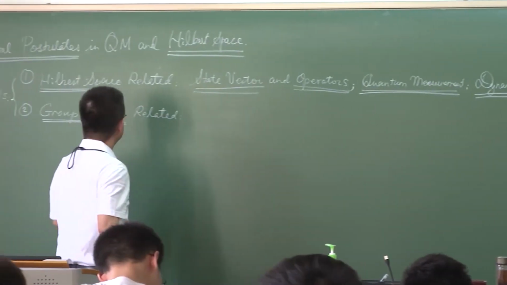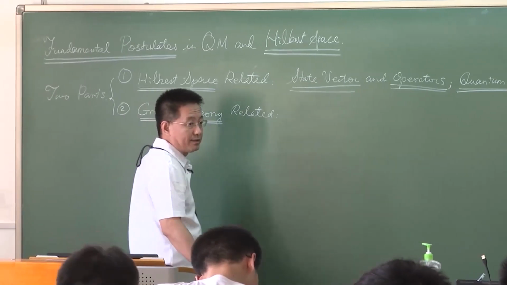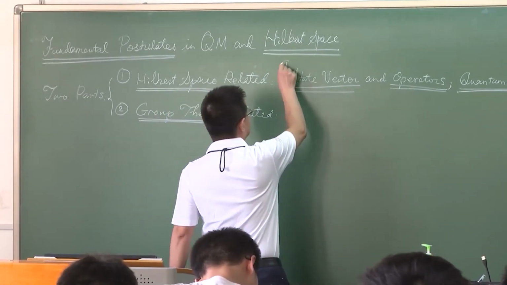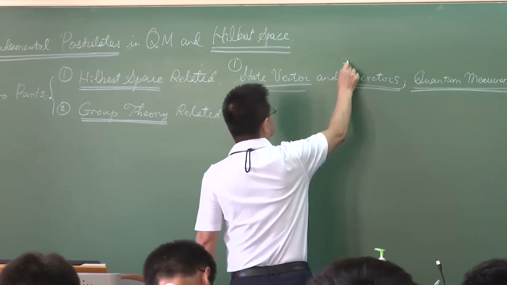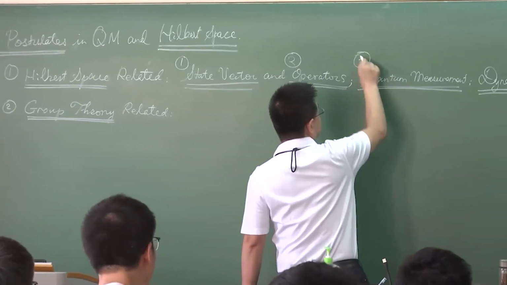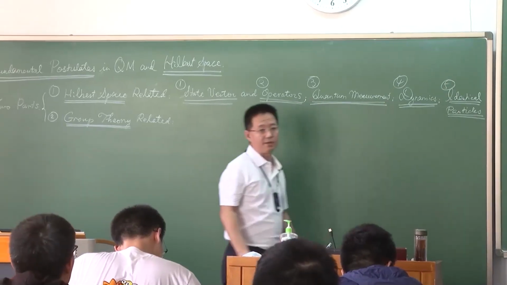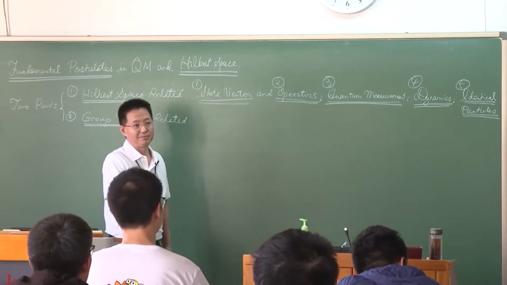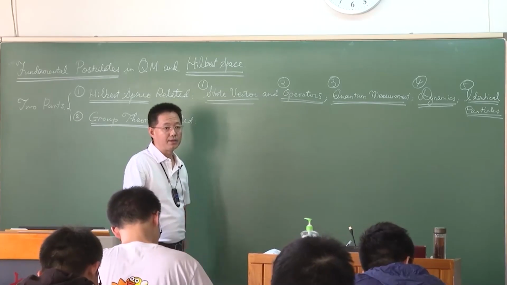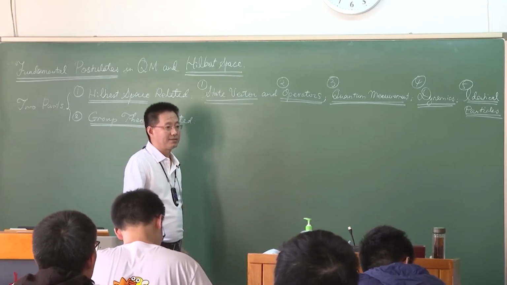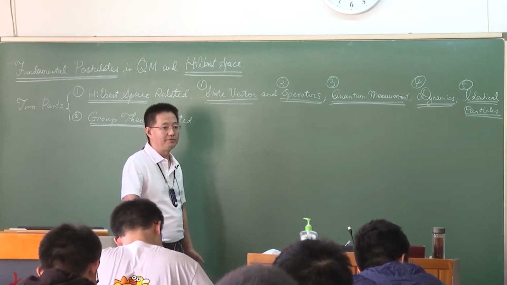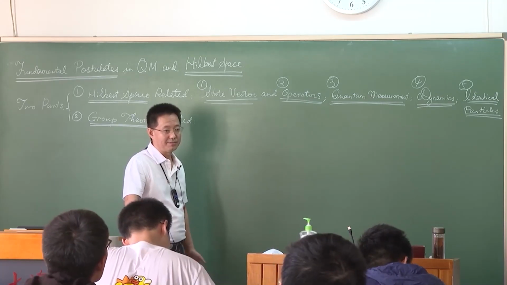So actually, in the Hilbert space related things, we have 1, 2, 3, 4, and 5 fundamental postulates in quantum mechanics. So all of quantum mechanics is based on the 5 fundamental postulates.